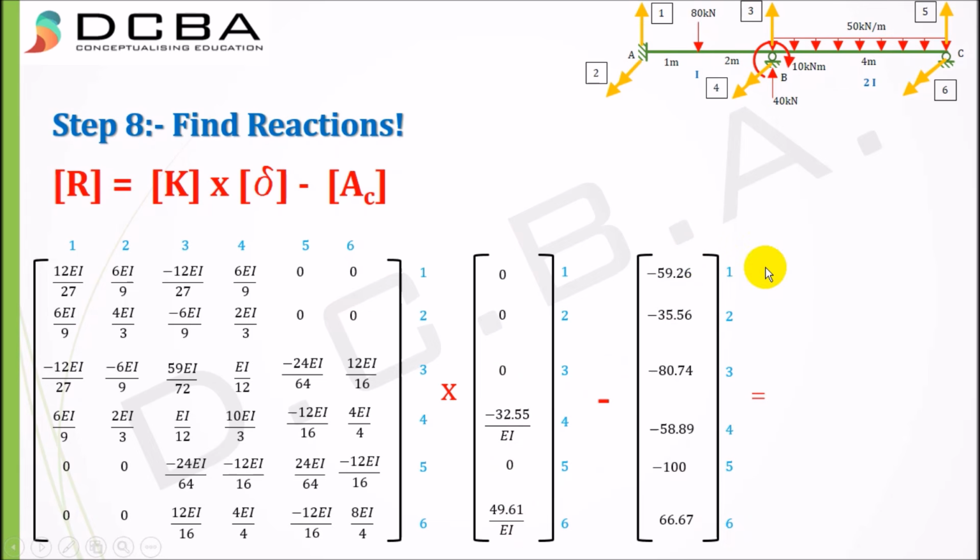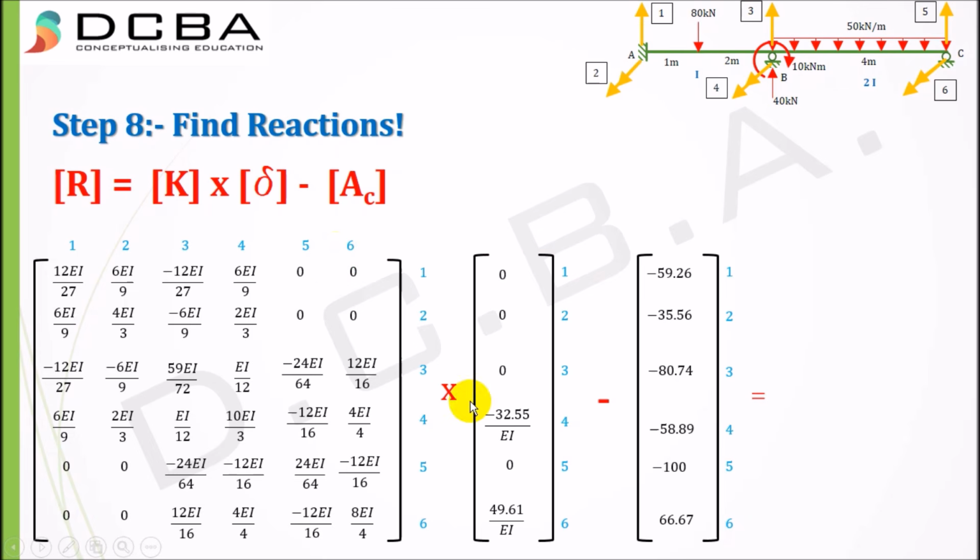We need to simplify this whole equation now, and I hope you know how to multiply the matrix, that is this row, first row, and this column minus this element. And if you see, then only these fourth and sixth elements will get multiplied, rest all are 0, so the multiplication will obviously be 0.